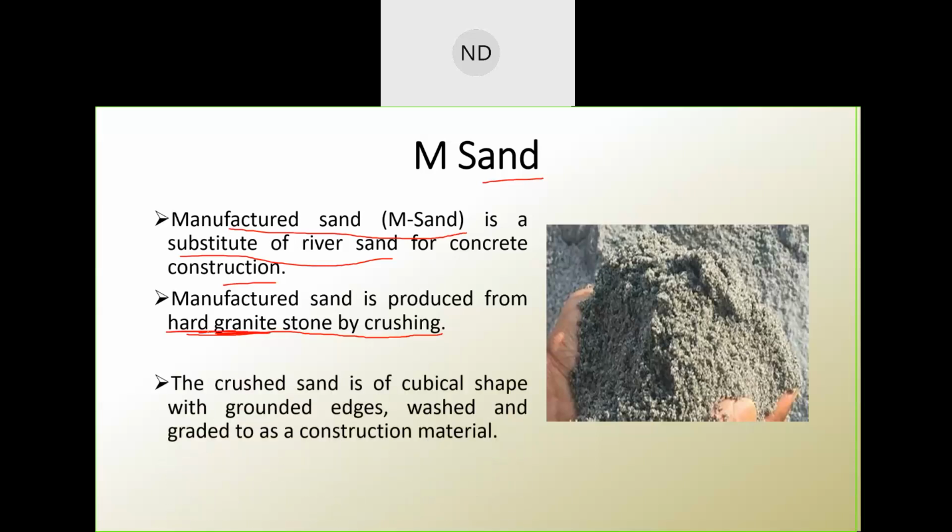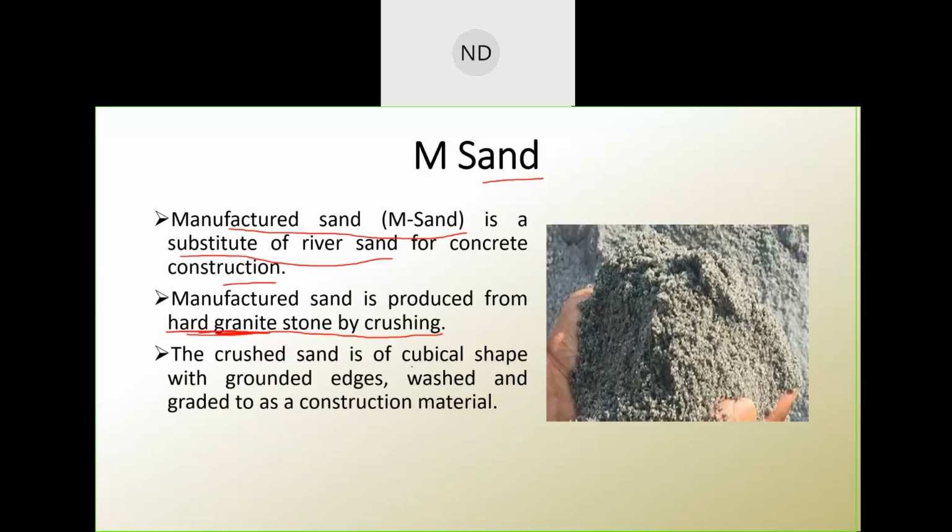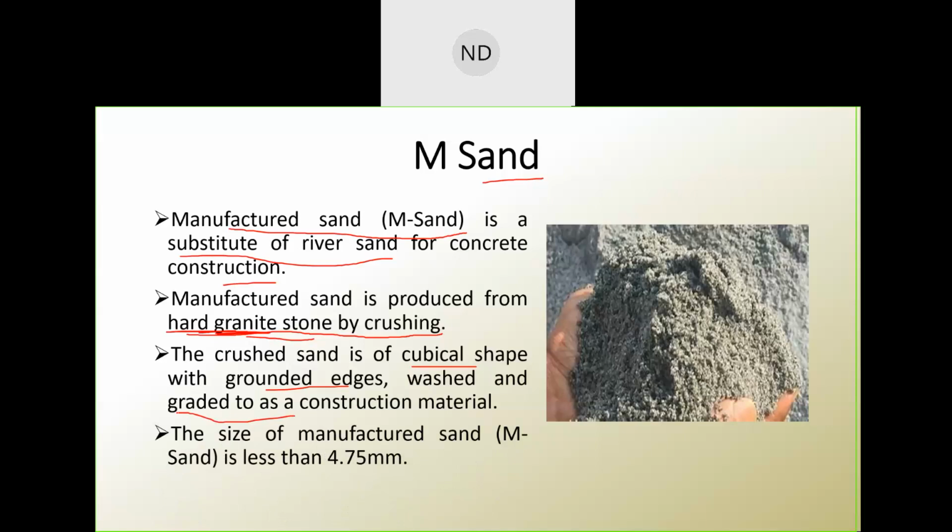The crushed sand is of cubical shape with grounded edges, washed and graded for use as construction material. The size of manufactured sand is less than 4.75 mm.